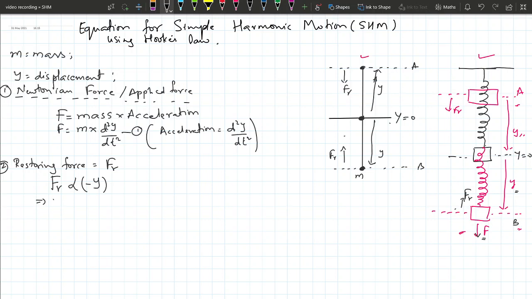If I remove the proportionality sign and introduce a constant, k, then Fr equals minus k into y. So this is equation number 2, where k is called the force constant. It has a unit of Newton per meter. I will explain this later. So this is the force constant that you have.